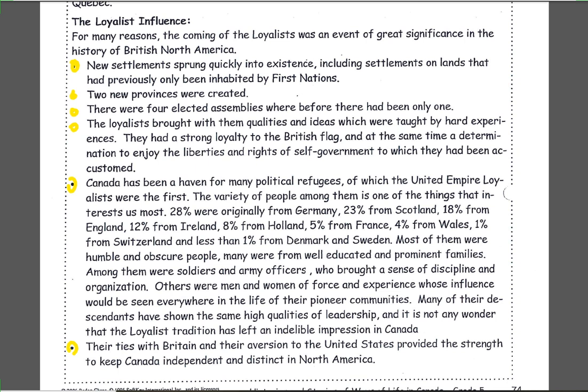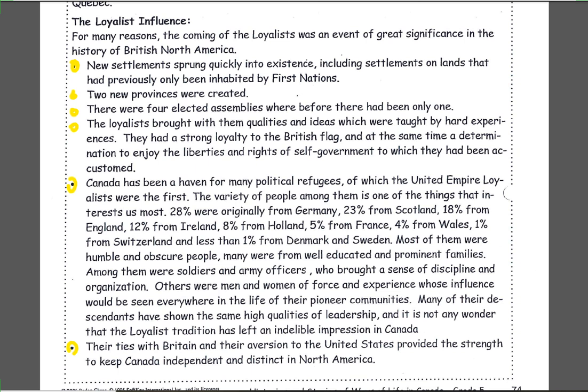All right, we will read through this together. The Loyalist Influence. These are reasons of great significance to Canada. For many reasons, the coming of the Loyalists was an event of great significance in the history of British North America. So we're going to learn about the reasons why it was so important. New settlements sprung quickly into existence, including settlements on lands that had previously only been inhabited by the First Nations. 2 new provinces were created.